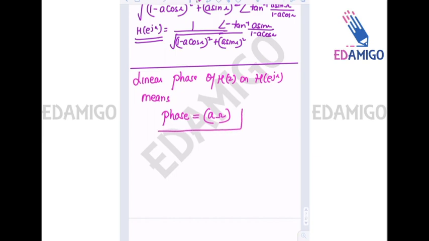So phase should be of this format where a is any constant. It can be positive or it can be negative, but it has to be in this format for linear phase.